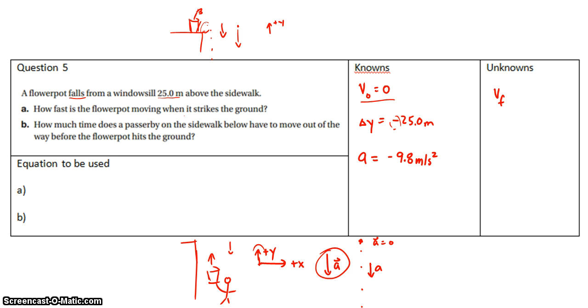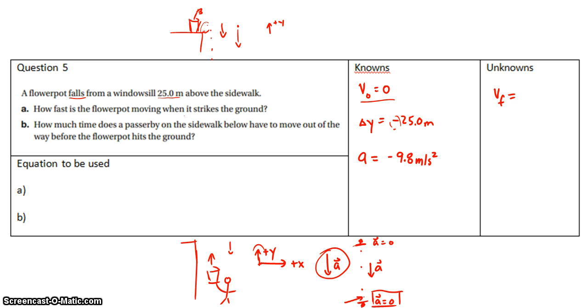Then it starts accelerating down, and then at the end it's at rest as well. So I need to look at the section from right once it starts to fall to right before it hits the ground. I'm not going to say my final velocity is 0, because that's looking at a different section of the acceleration. I need to find the final velocity the moment before it hits the ground.